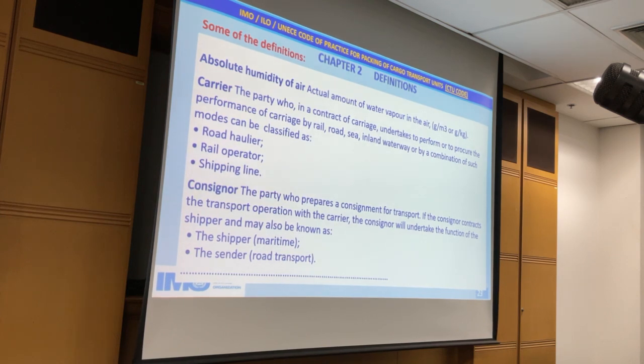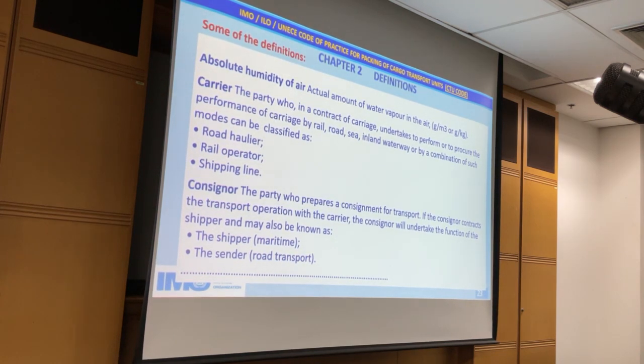Inland waterway, or by a combination of such modes. The carrier could be a road haulier, when you do it by road, a rail operator, or a shipping line. And then the consignor: if it is maritime, it is called the shipper.